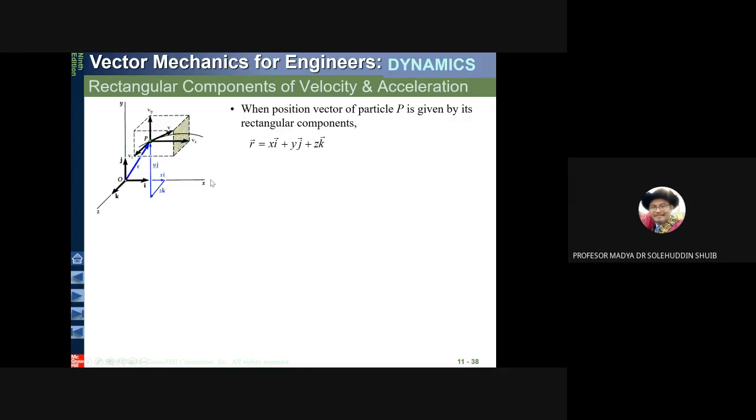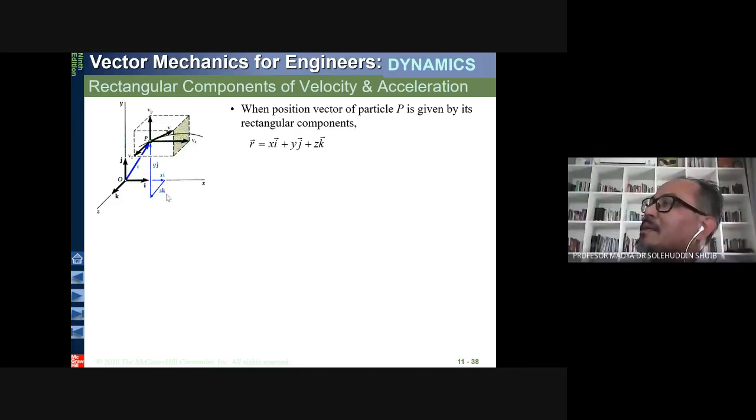Okay, next one is the rectangular component of the velocity and acceleration. Look at this figure, what we have here. To make it clear, this is 3D, so we put this in a box like this.